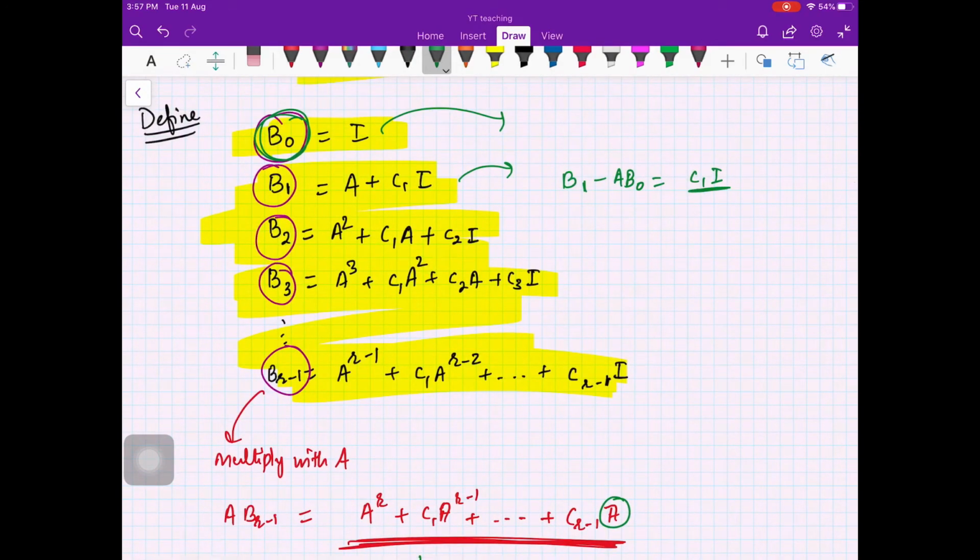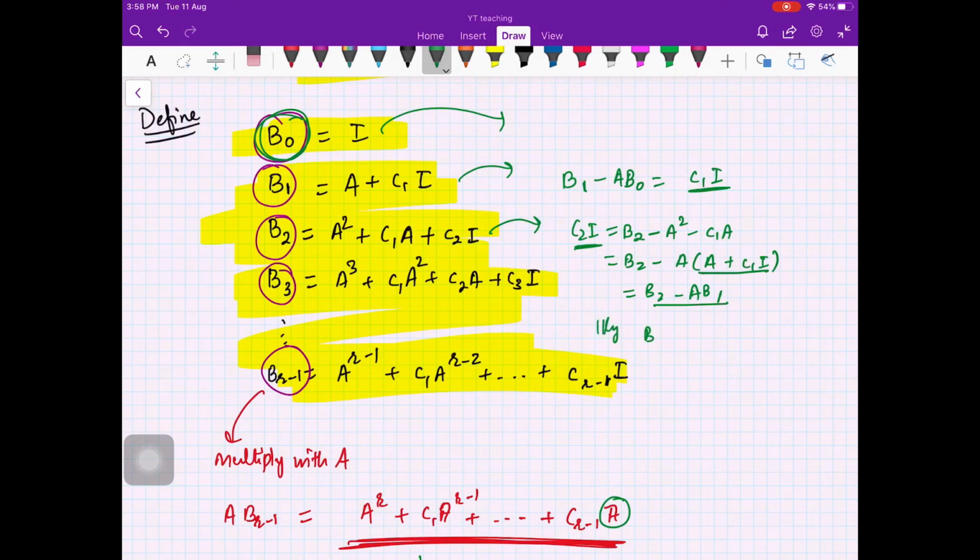Now from here, can you see what you will get? From here you will get C2I is your B2 minus A squared minus C1A, that is B2 minus A into A plus C1I. Now A plus C1I is B1. So this is B2 minus AB1. So B2 minus AB1 is C2I. Similarly, B3 minus AB2 is C3I, and so on, right?